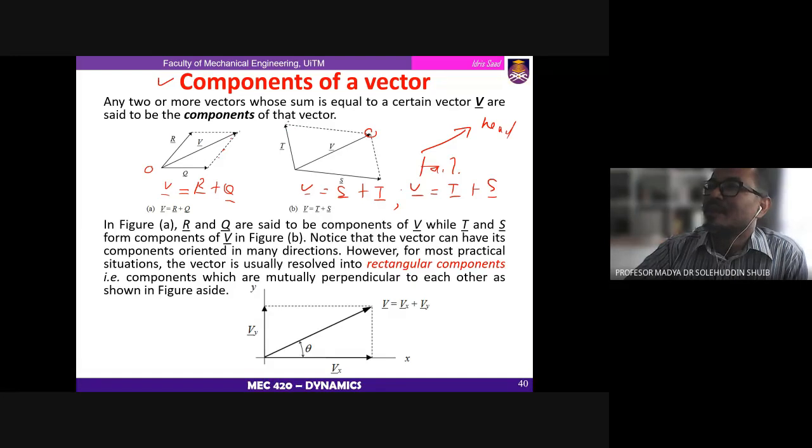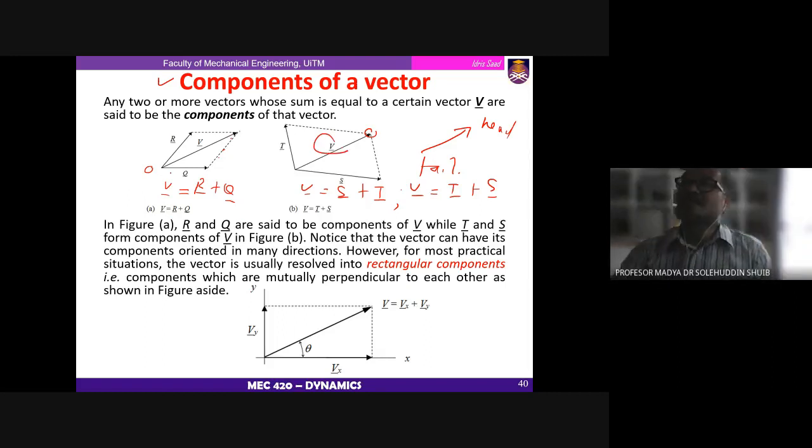Again, this is tail, this is head. All right. This is how we represent the component. So for figure A, we have done that one. Figure B, we have done, and then we move to another one.